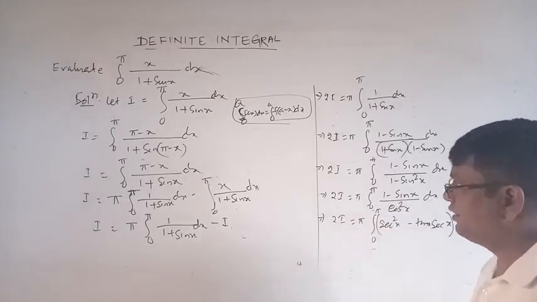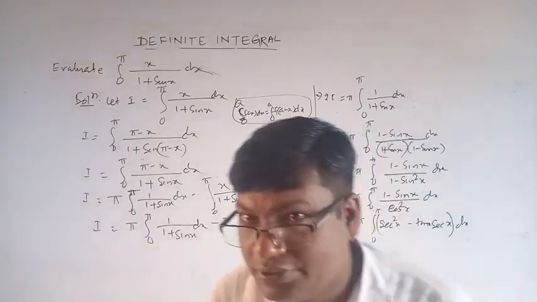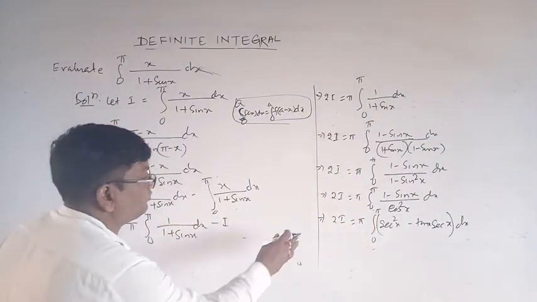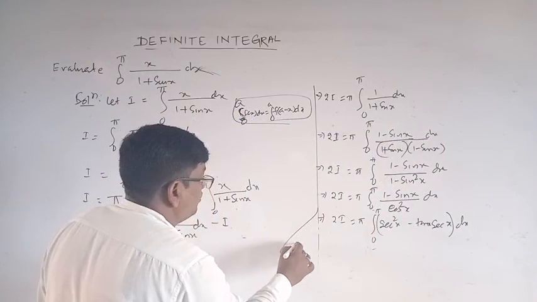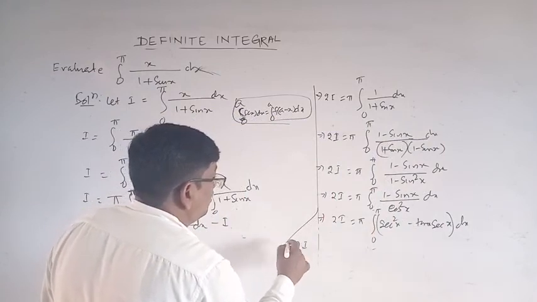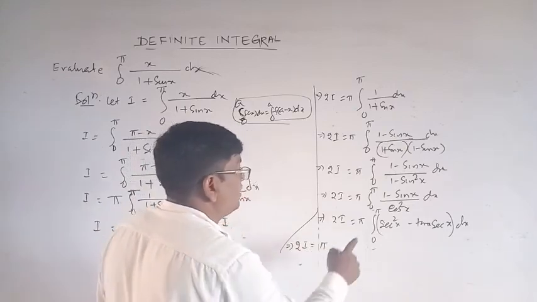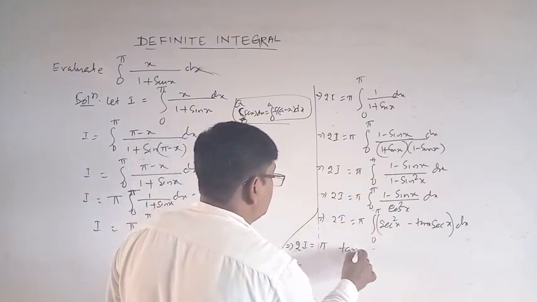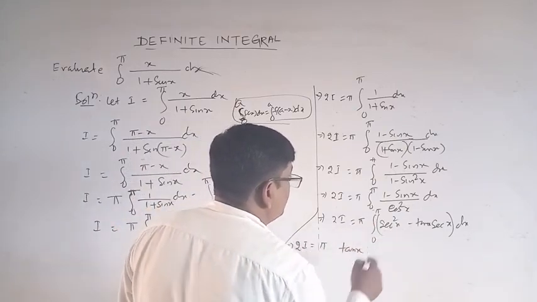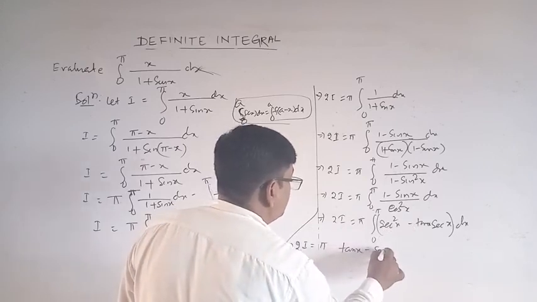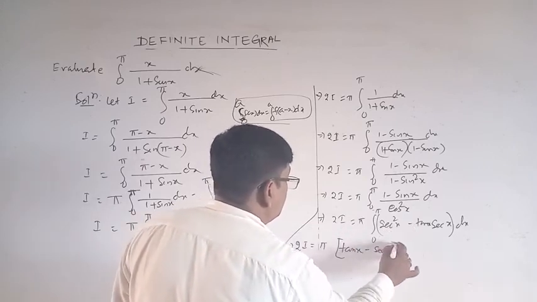Okay, now 2I is equal to pi into, what is integration of sec square x? That is tan x. And what is integration of tan x sec x? That is sec x. Limit is 0 to pi.